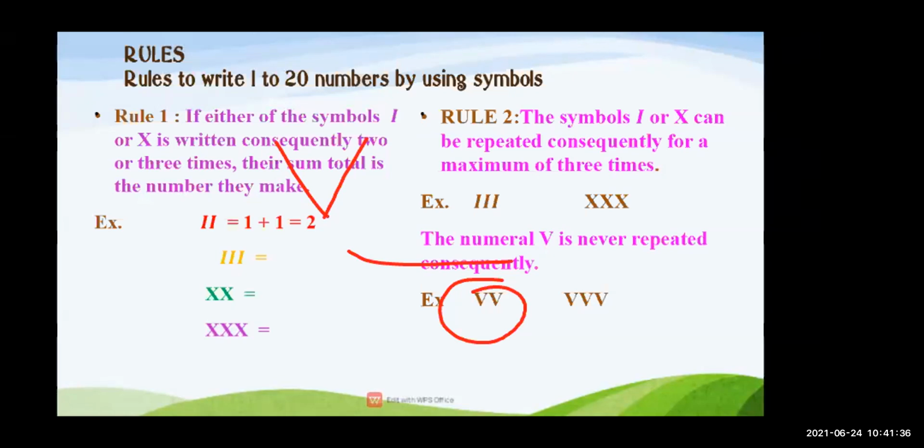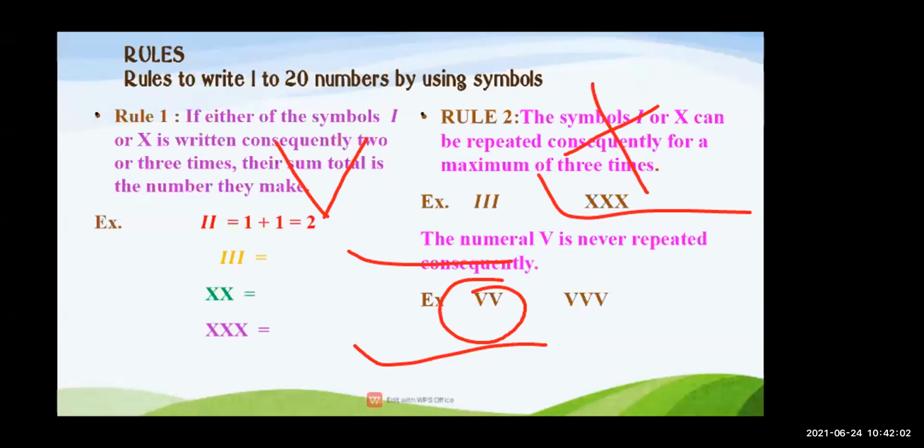So what is our symbol for 10? What is the symbol of 10 in Roman numerals? Very good. This is the symbol of 10. So is VV right or is X right? Very good. That means X is right. So that's why the second rule is telling that we are going to write V only 1 time.